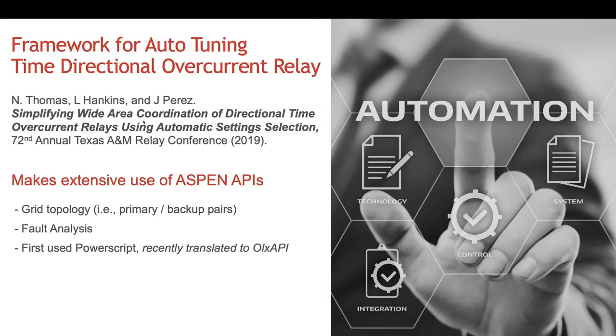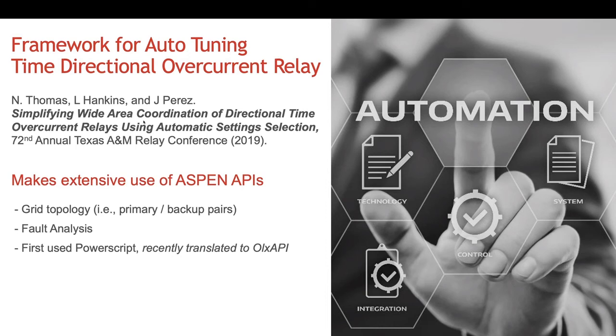It, of course, does all the fault analysis in ASPEN, and then uses ASPEN to verify a coordination solution once it's found one. We initially did this with PowerScript. You'll see that reference in some of the slides, but this was our first foray into using OlxAPI.